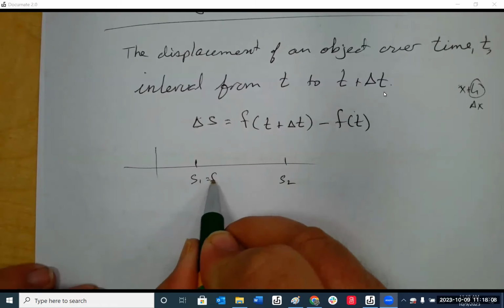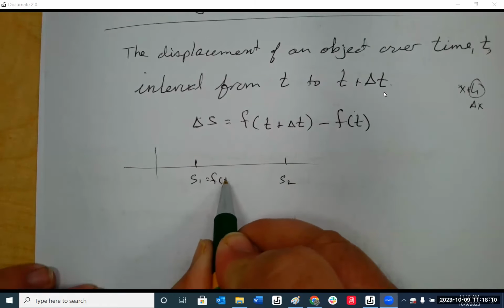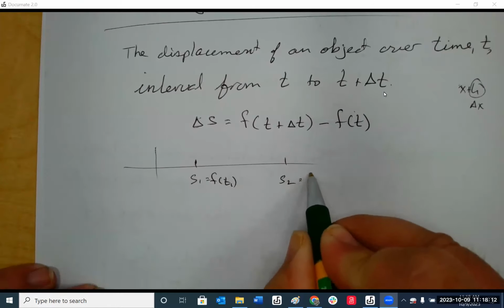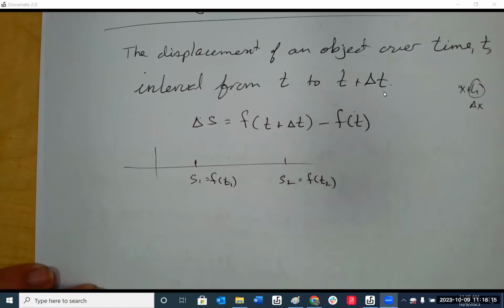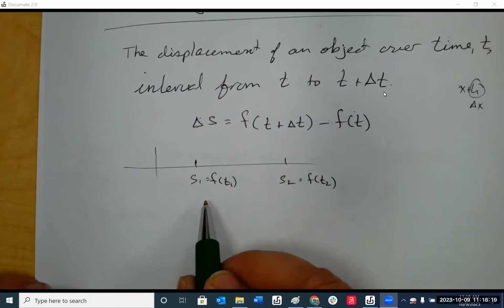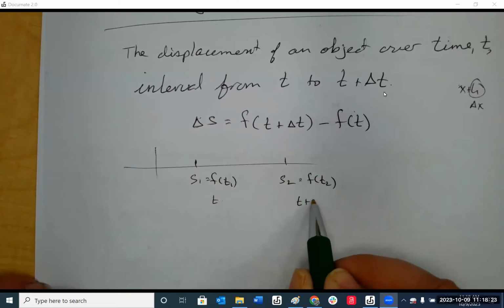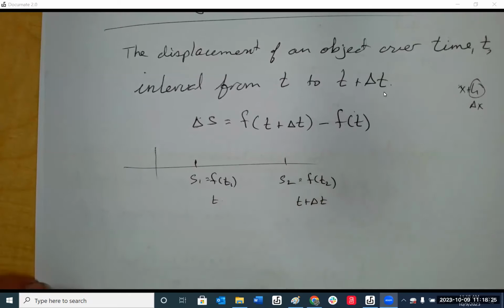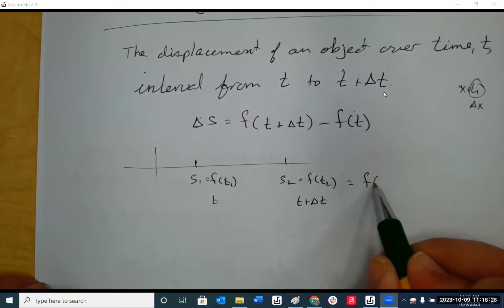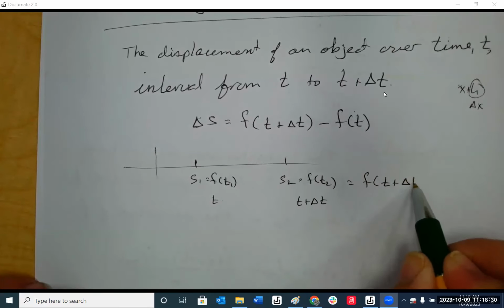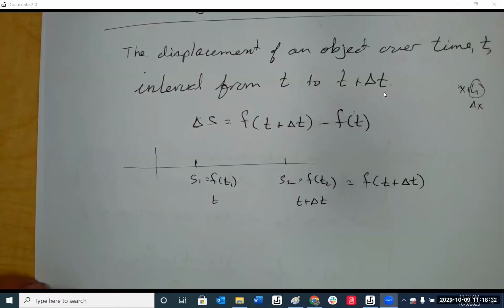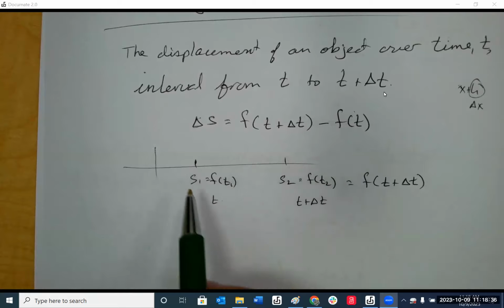Remember, this is f of t1, this is f of t2, and time here to time plus delta time. So this is why this is f of t plus delta t. So figuring out the difference of the two tells us how far we moved.